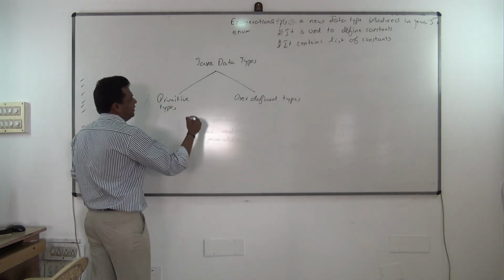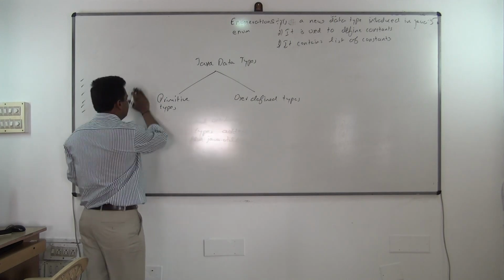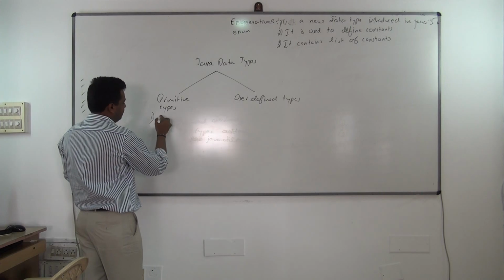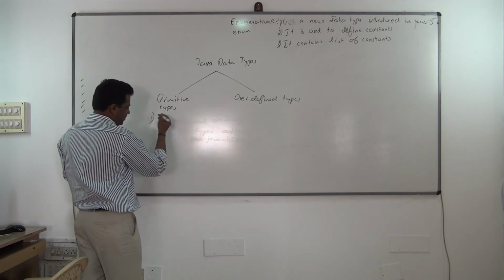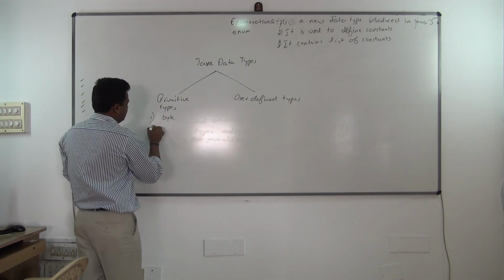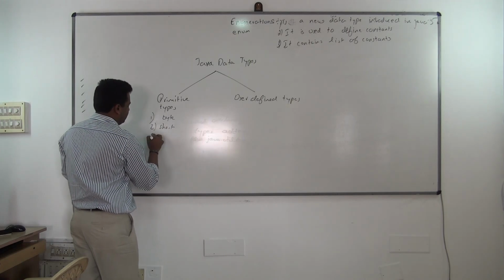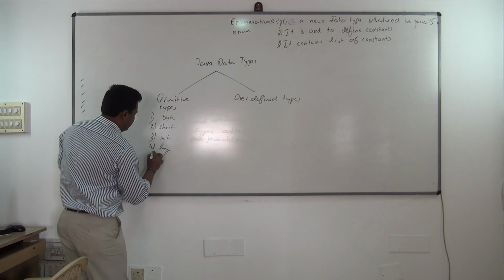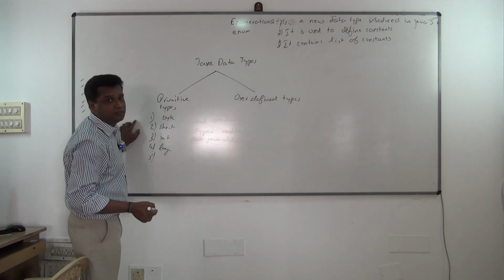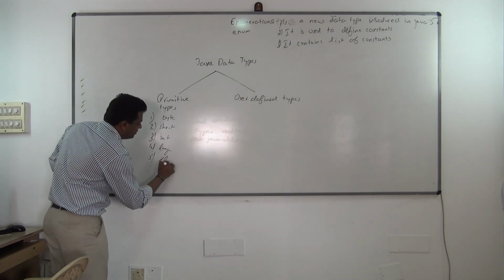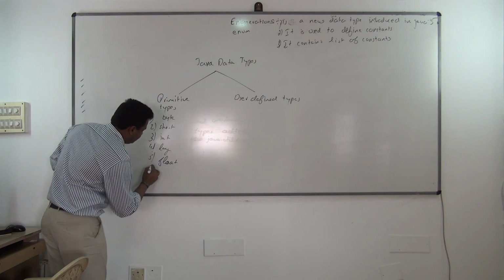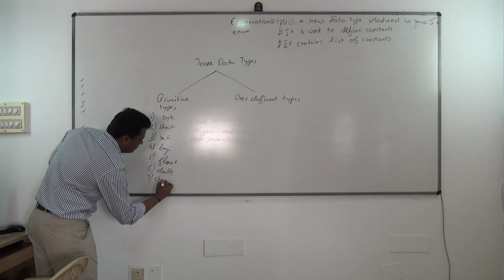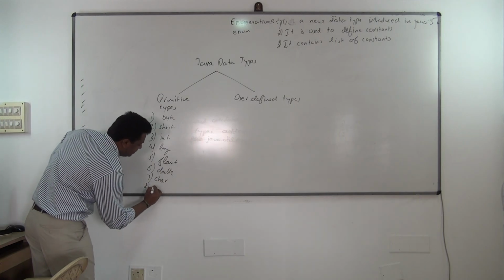In primitive types you have byte, short, int, long. This is the support for whole numbers. The next support is for real numbers: float, double. If you want to store a character, you have char. If you want to store a boolean value, you have boolean.